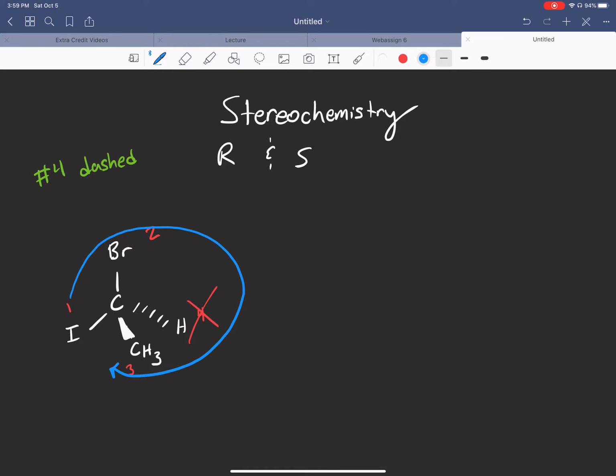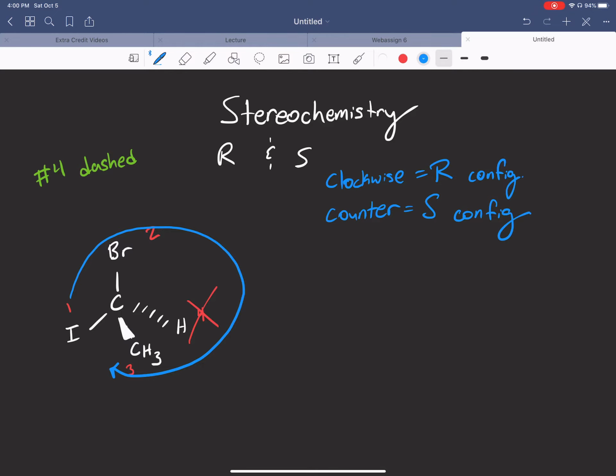If your circle is going clockwise, you are in R configuration. If you did counterclockwise, S configuration. Remember, clockwise is R and counterclockwise is S when your lowest priority group is dashed.